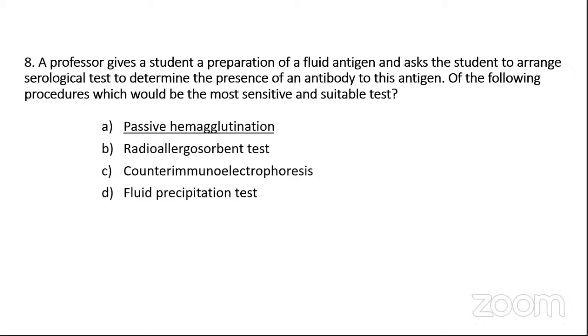Agglutination is the test which is useful for picking up an antibody. So here they have asked to detect the presence of antibody to this antigen. So you have to convert this antigen to a particulate antigen and then do an agglutination reaction to identify the specific antibody to this antigen. Is it clear?